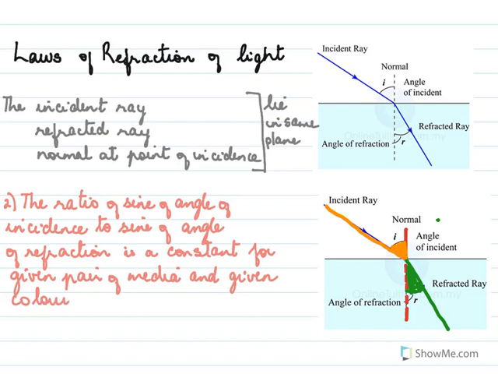Which means sine of angle of incidence over sine of angle of refraction is a constant, and this constant has been given a special name, and it is called the refractive index.